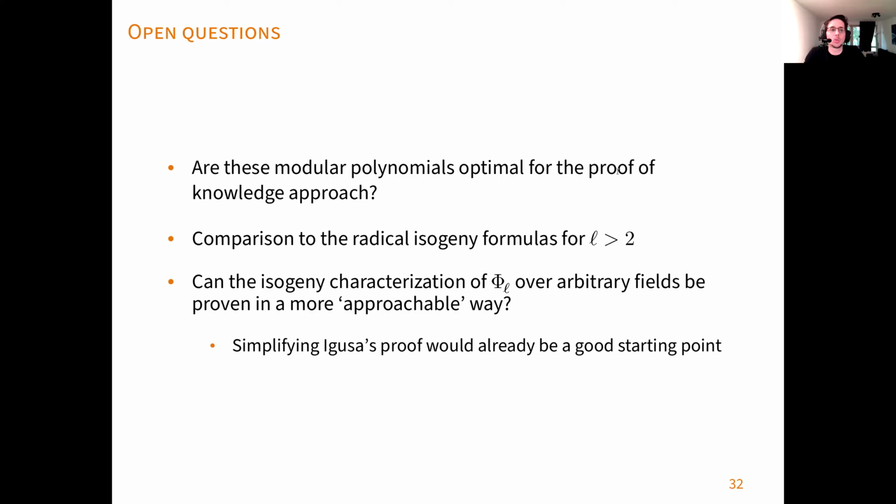So it would be nice to see if one can simplify this a bit or make it more approachable. Because at least to me, looking at the literature, I think that a lot of people take this understanding of the classical modular polynomial for granted, but don't actually understand where it comes from. And if it was possible, I think it would be a nice contribution to make this more approachable and to give a more understandable way to see this characterization.